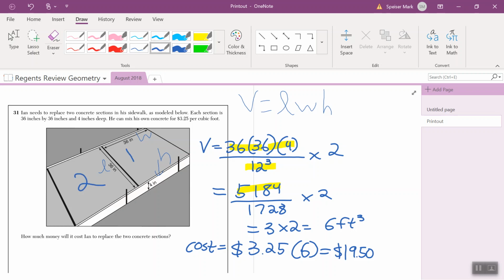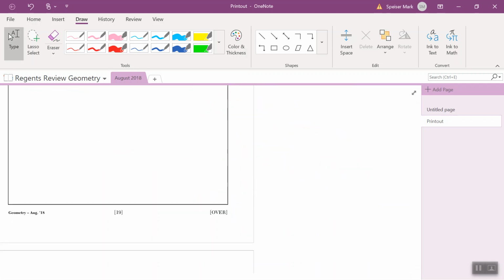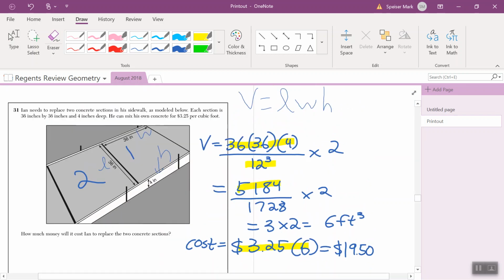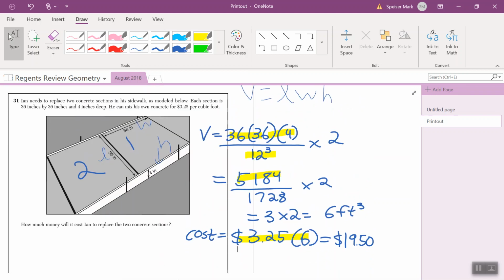Then you multiply by the cost of each cubic foot, which is $3.25. $3.25 times 6 gives you the cost of $19.50. Make sure to put the 0 because it is a cost. Now, to wrap up, I'll show you how to input it into the calculator neatly to confirm your answer.